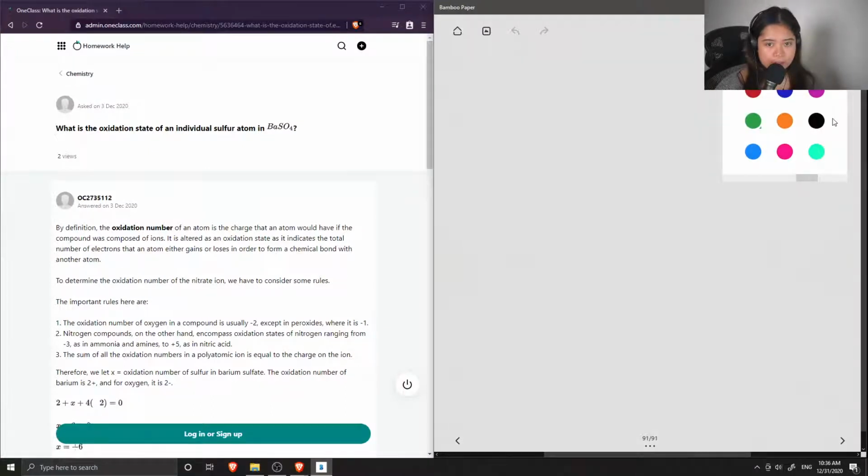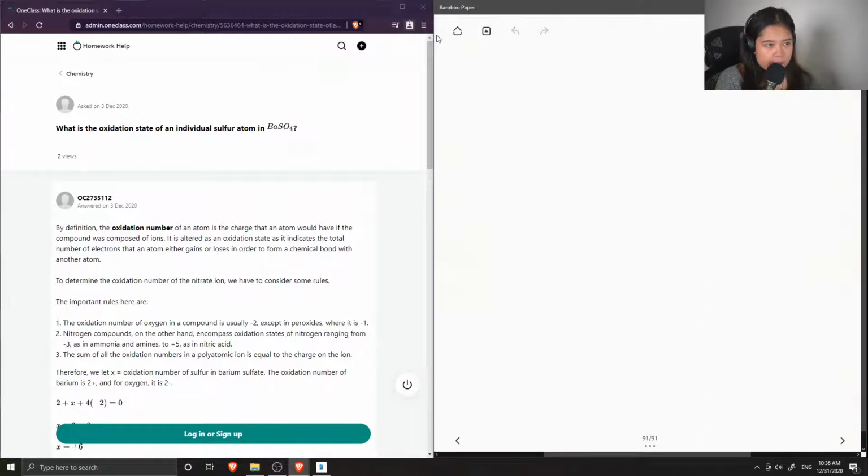Okay, so question number 7. What is the oxidation state of an individual sulfur atom in barium sulfate? Okay, so let's define what an oxidation number is.